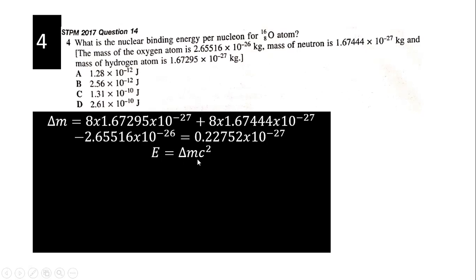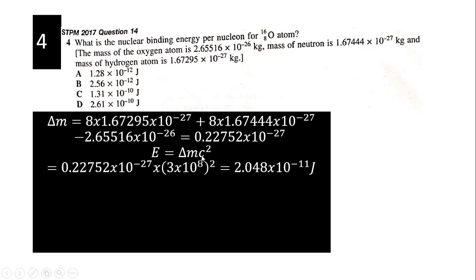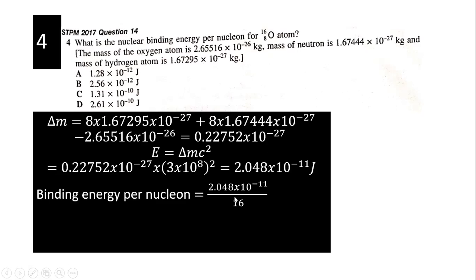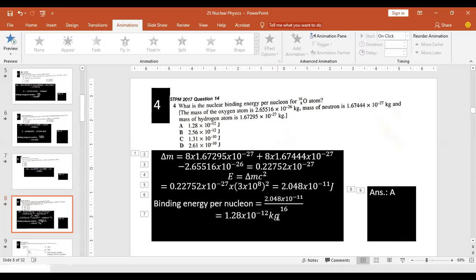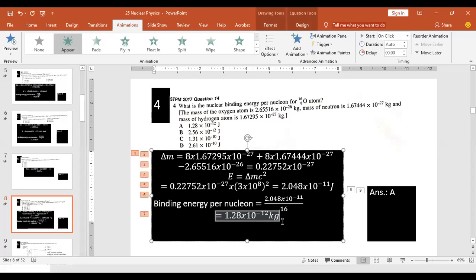Then use E equals delta m c squared. That's your mass, kilogram. That's your speed of light. Then divide by 16 to get it in joule per nucleon. Okay. Sorry. I'm getting bad already. This one should be joule.